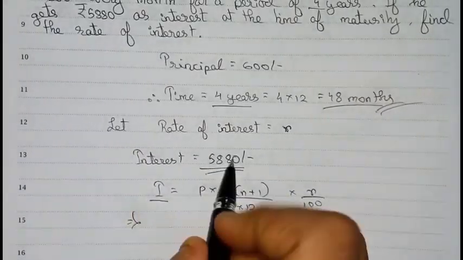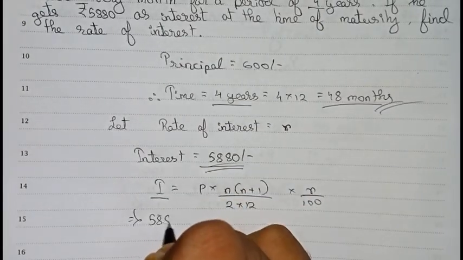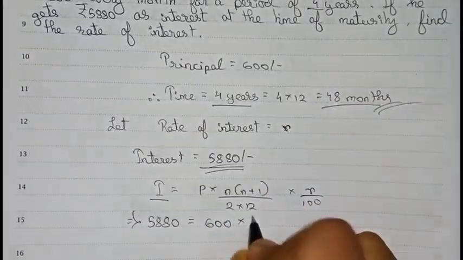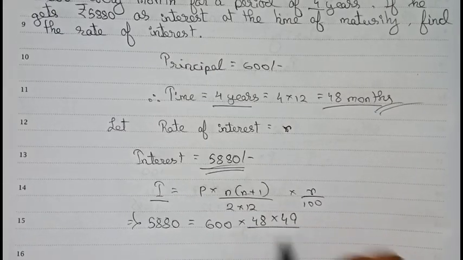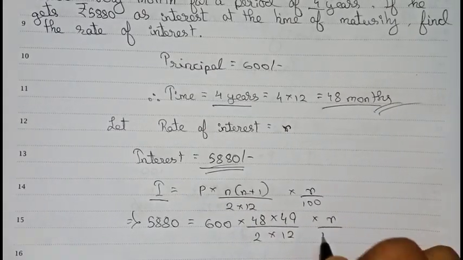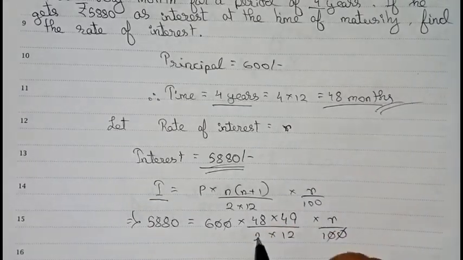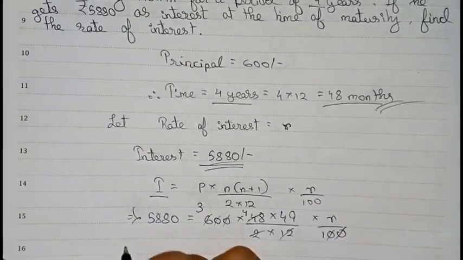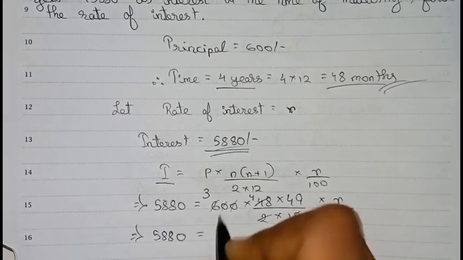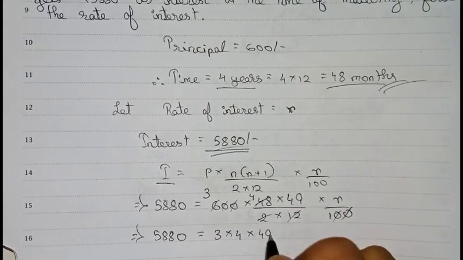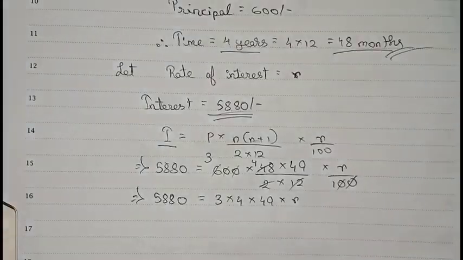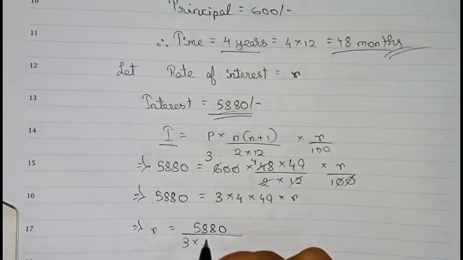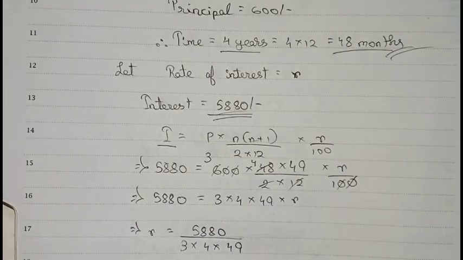So interest is 5880 is equal to principal, that is 600, multiplied by n, that is 48, into 49 by 2 into 12 into r by 100. The zeros I cut, 2 3s are 6 and 12 4s are 48. So 5880 is equal to 3 into 4 into 49 into r. So you just rearrange the equation like this. R is equal to 5880 by 3 into 4 into 49.